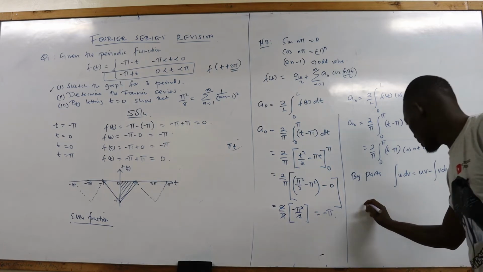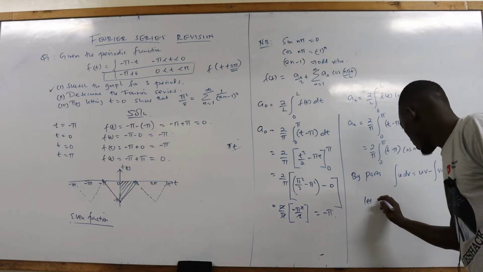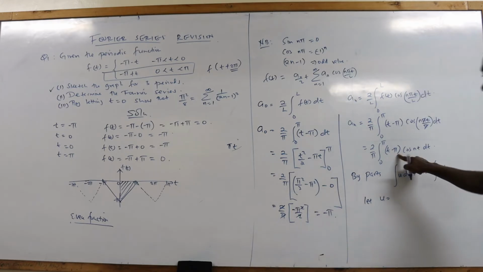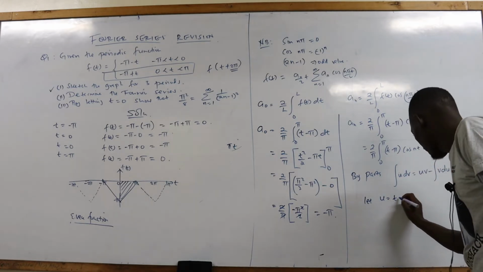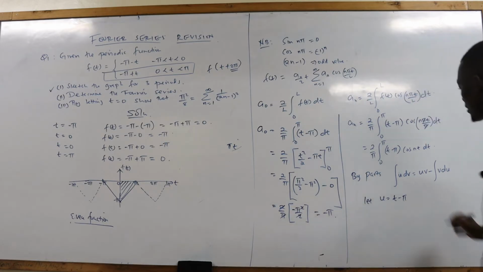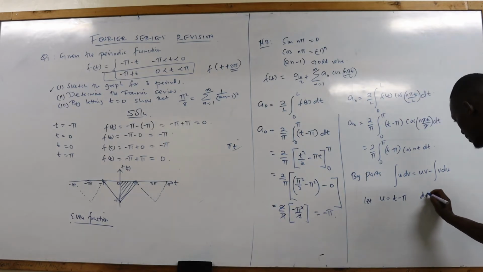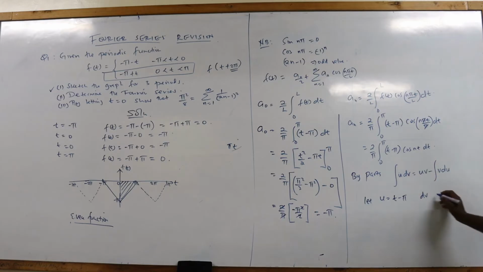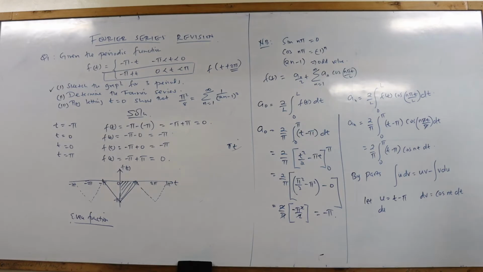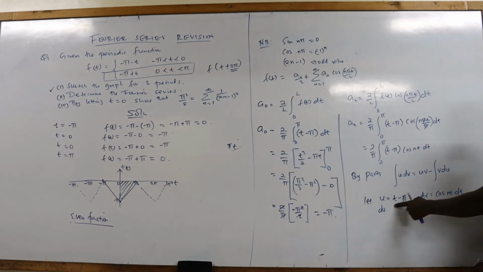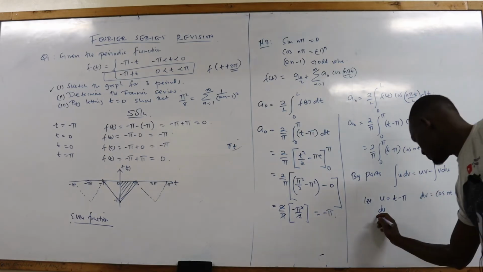So again, we say now let our u be the first function here, so t minus pi. Then our dv is everything that remains, so it is cos nt dt. So here, remember we want du, so on this side you will differentiate, so du dt.